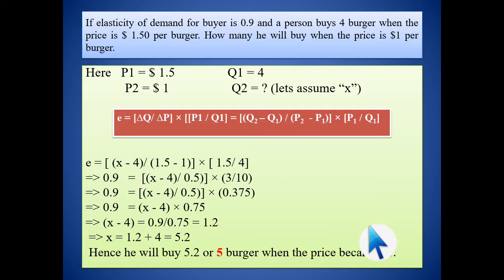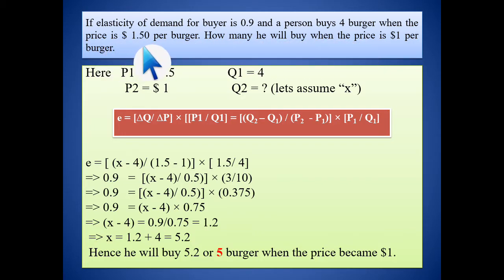Okay. Next is: if the elasticity of demand for a buyer is 0.9 and a person buys 4 burgers when the price is $1.5 per burger, how many will he buy when the price is $1 per burger?